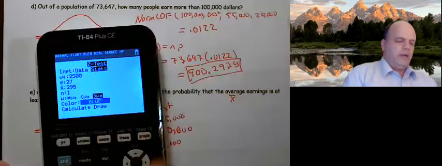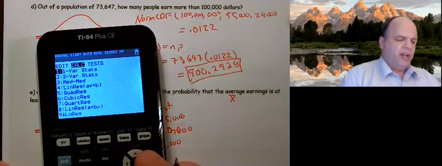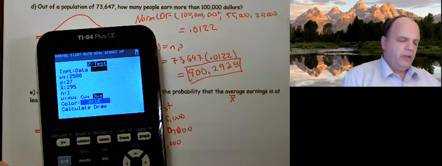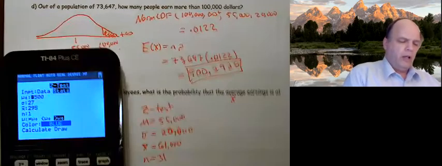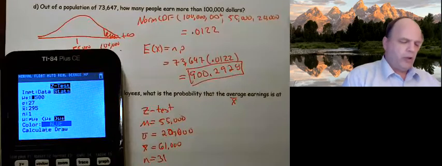So let's go ahead and enter that information. Stats, test, Z test. My mean, well, on average, the population earns 55,000. The standard deviation is 20,000. The X bar is 61,000. Our sample size was 31.